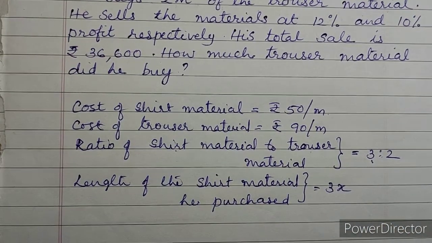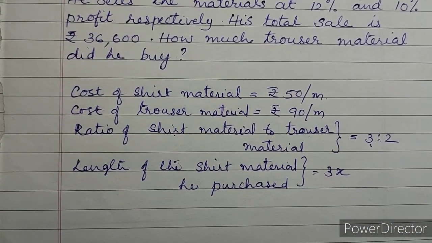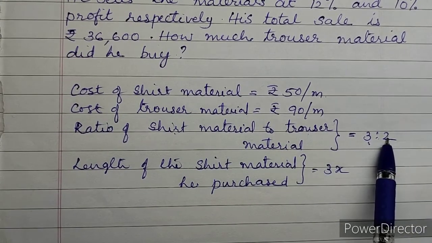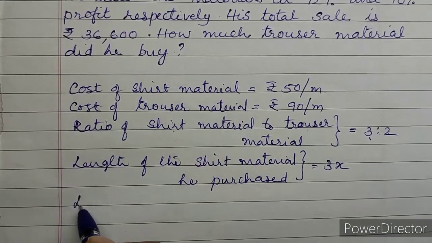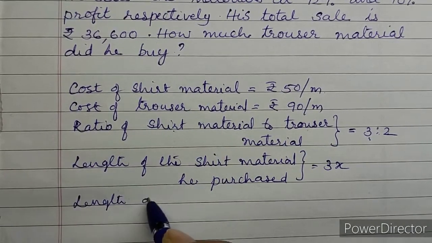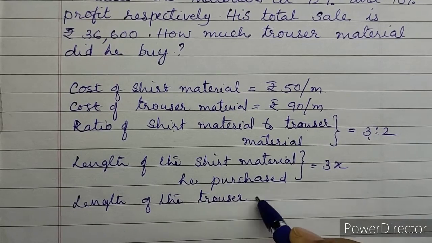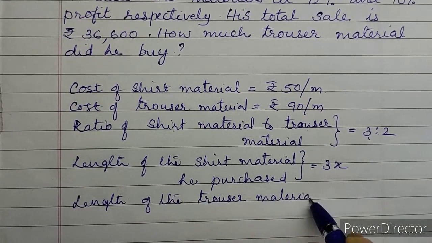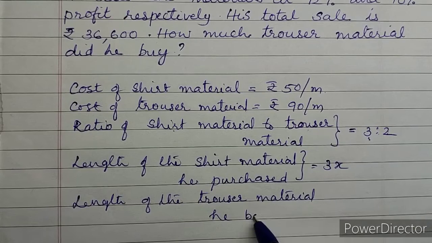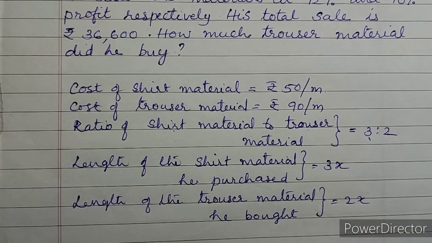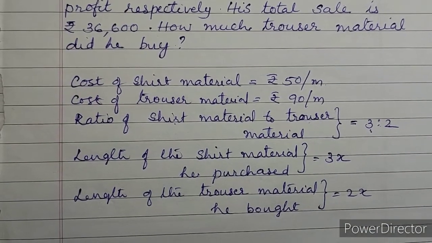I am taking variable as x, so 3x. Now what will be the length of the trouser material he bought? 2 into x, it will be 2x. So length of the trouser material he bought equals 2x. So both the lengths we got now.